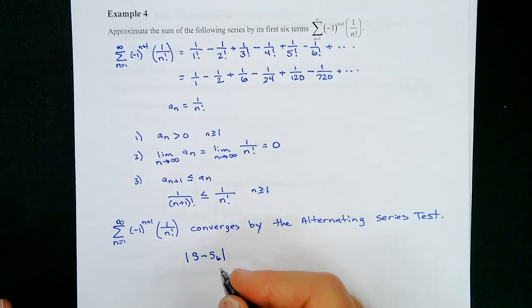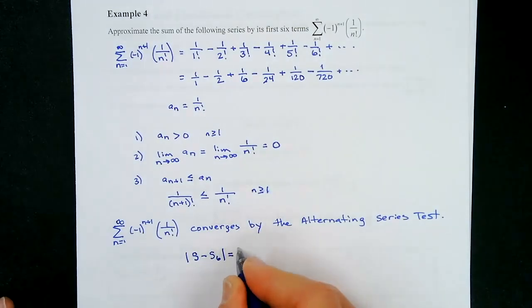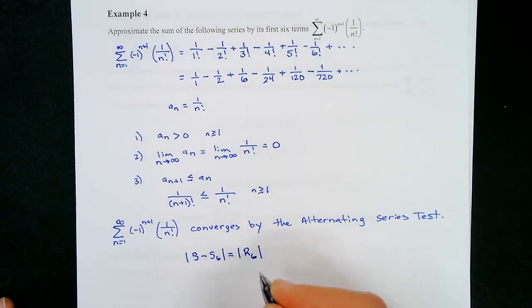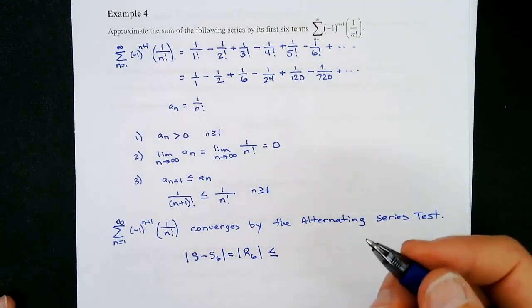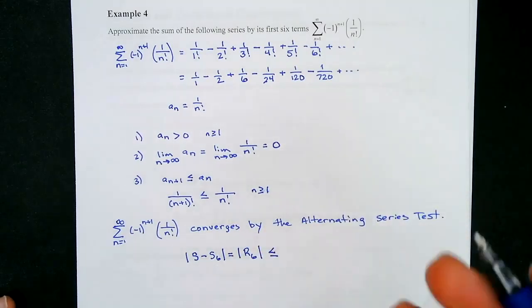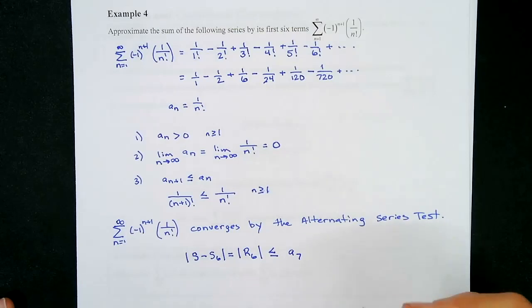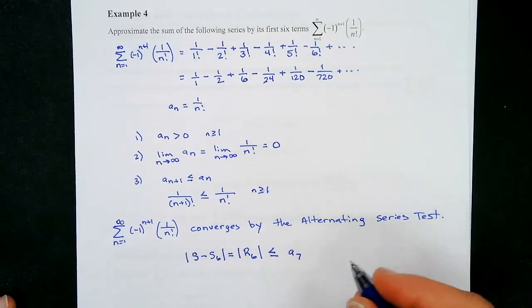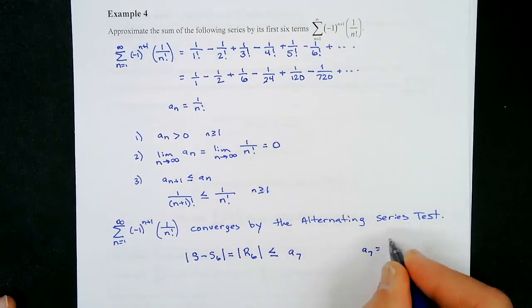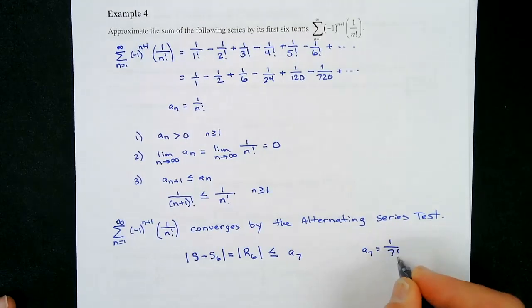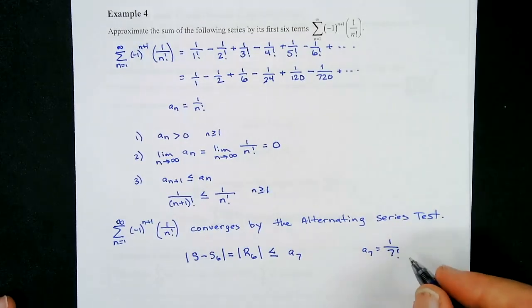The absolute value of that, which we call the 6th remainder, is going to be less than or equal to the next unused term, right? So that would be a sub 7, and a sub 7 is 1 over 7 factorial. And 7 factorial, that's a big number. It's 1 over 5,040.